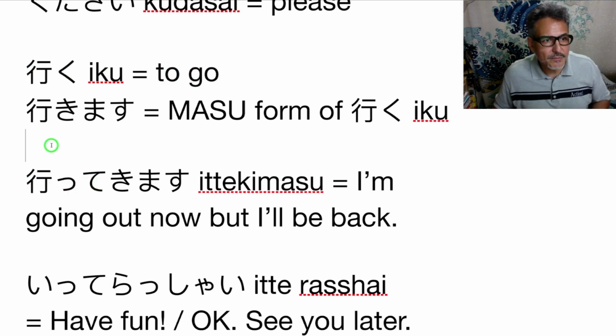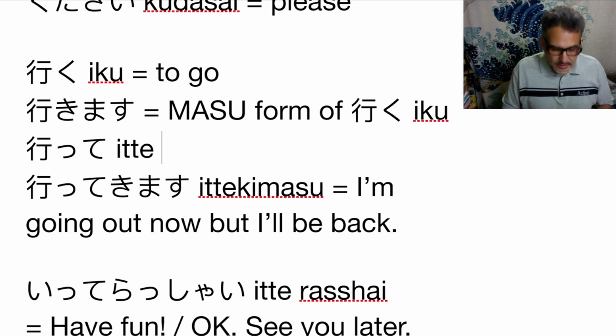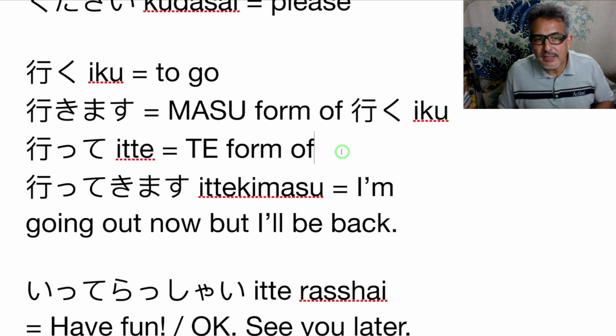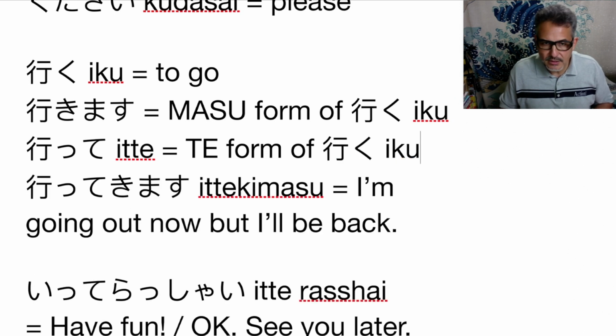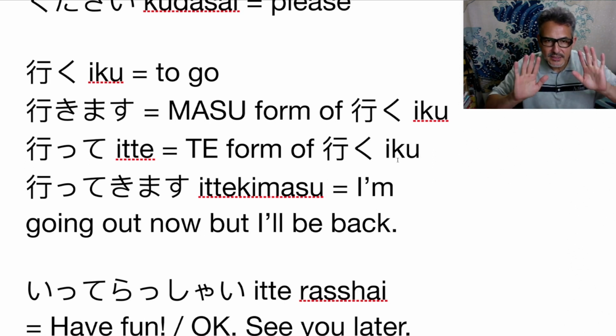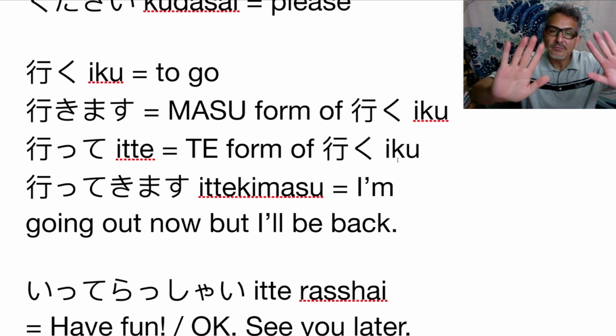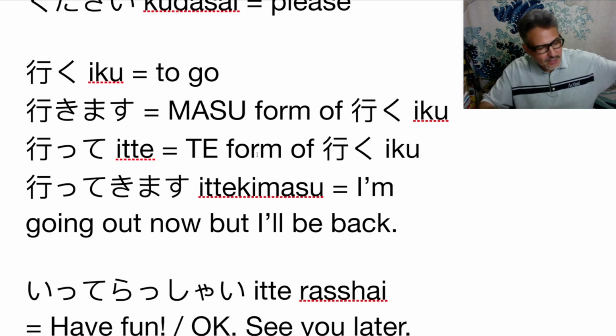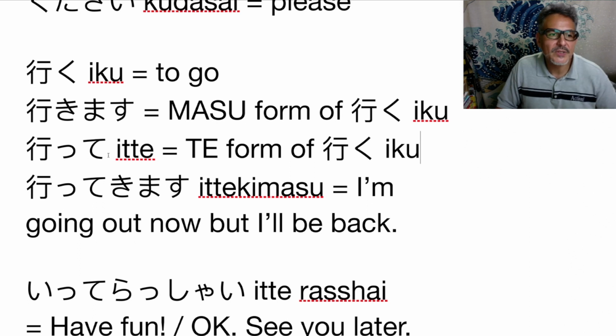This is the te form of iku, which can be used, not always, but can be used as a polite command. So instead of saying kite kudasai, itte kudasai, that would be go please. It wouldn't mean like go, get out of here. It could be just go ahead, yeah, go, it's okay. Itte kudasai, you should go, kind of thing.